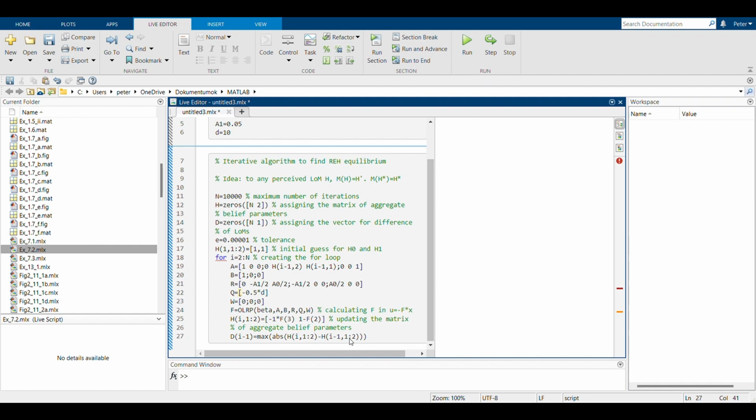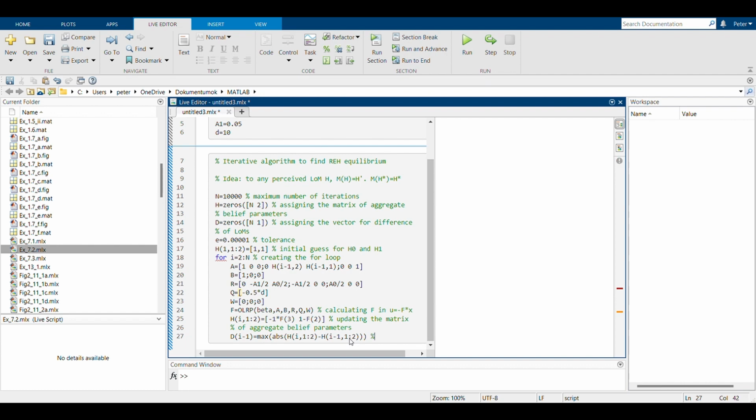We take them in absolute value, and we focus on the largest of the two. And we want to go on with the algorithm until this difference, the highest of the differences, falls under this threshold, the tolerance threshold. Okay, H_i 1 2, H_i minus 1 1 2.